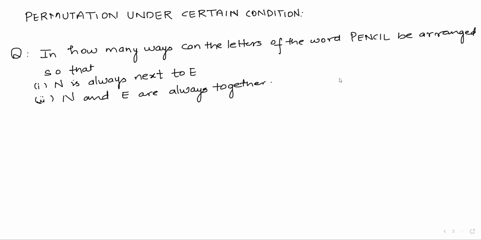So we already know that a permutation is an arrangement. Whenever we arrange something, that means permutation. We have already done the simple questions. Now here we will find the arrangement, but a certain condition will be given. In this question, they're saying in how many ways can the letters of the word pencil be arranged so that N is always next to E. So what does this mean?